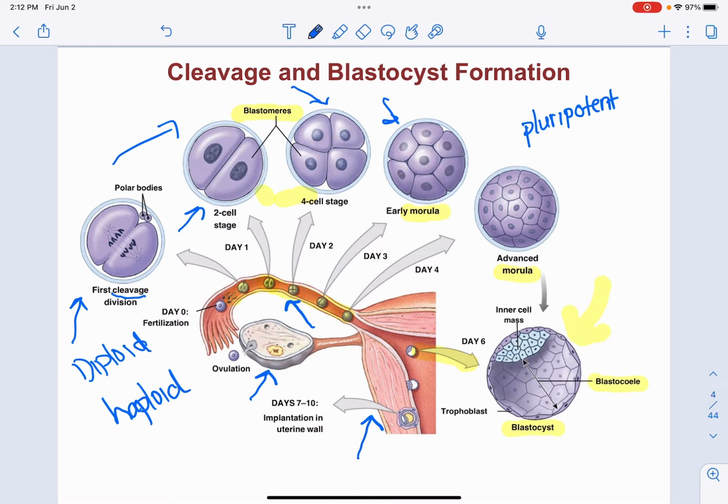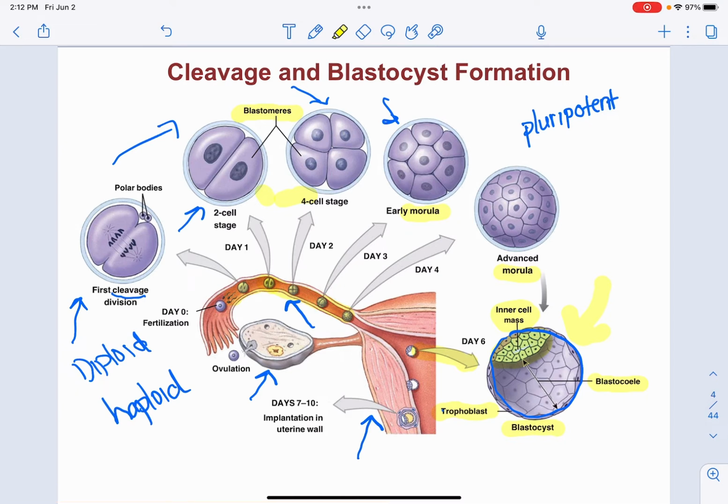So you have an outer layer of cells called the trophoblast right here. Let me highlight this. This outer layer of cells is called the trophoblast. This never becomes part of the embryo. It will actually become the placenta. And then you can see that there is a mass of cells right here. This is called the inner cell mass. These cells right there will actually become the embryo.